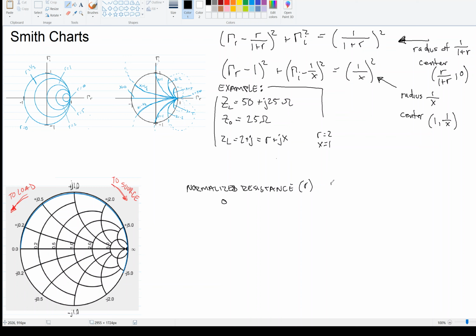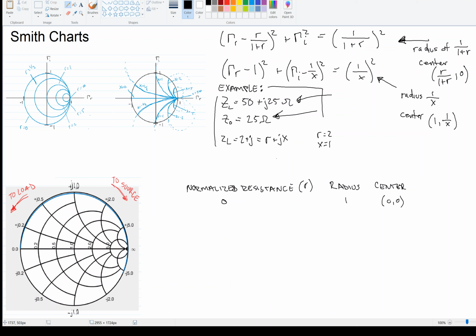In this case, the radius would be 1, right? If you go by 1 over 1 plus 0. And the center would be 0, comma 0. So you can see how these circles are being defined based on the unnormalized load impedance and the characteristic impedance of the line.